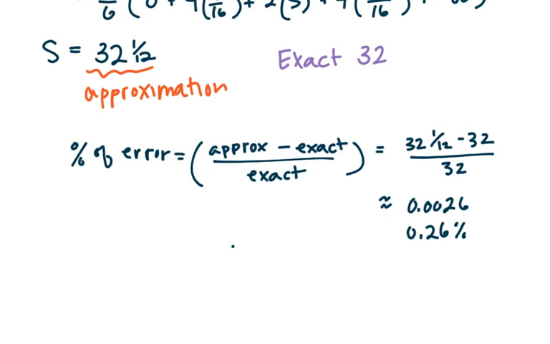So this differs by less than 1/3 of a percent, 0.3 of 1%. And that was just with 4 subintervals.